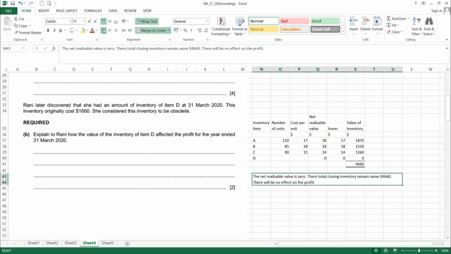If you really think about the double entry, at the beginning of the year, we have the inventory, which is valued at 1,660.